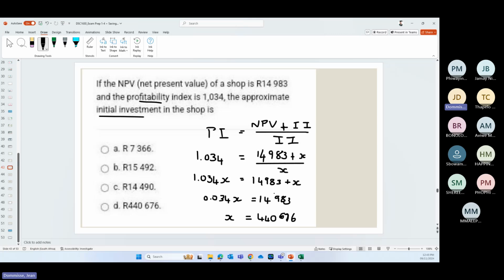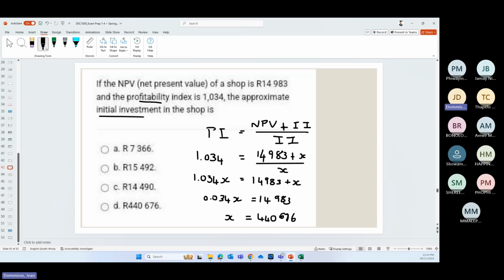this one is slightly different. They give us the profitability index, they give us the net present value. We will need to work out the initial investment. Okay, also just one or two clues in this one.